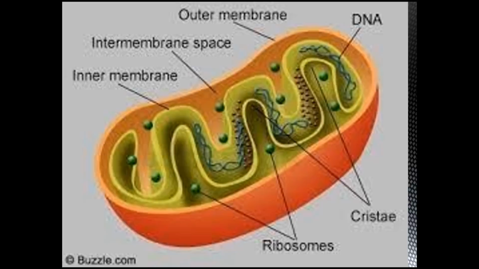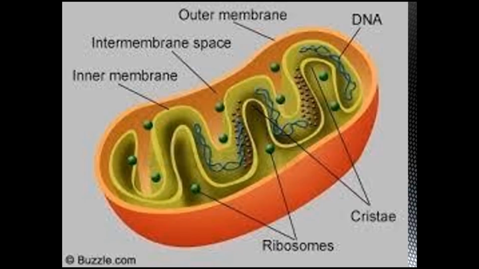Can you see the inner membrane, children? Outer membrane, inner membrane, and in between there is some space. That is the intermembrane space. After that, cristae are there. DNA is also there.